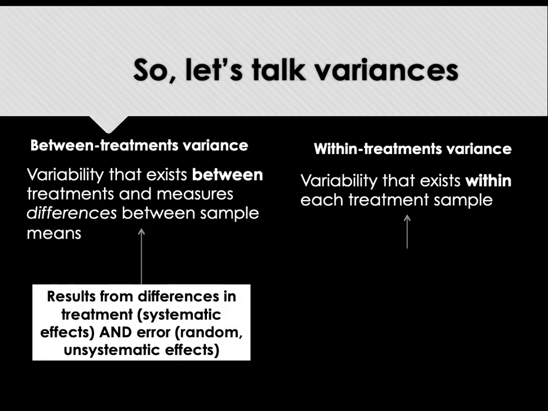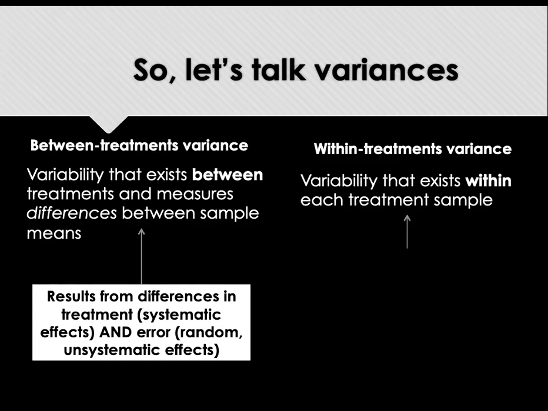Explaining a little bit more here. Between treatment variance, again, is variability that exists between treatments and measures differences between sample means. And that results from differences in the treatment and error. So the variability that exists comes from two places.